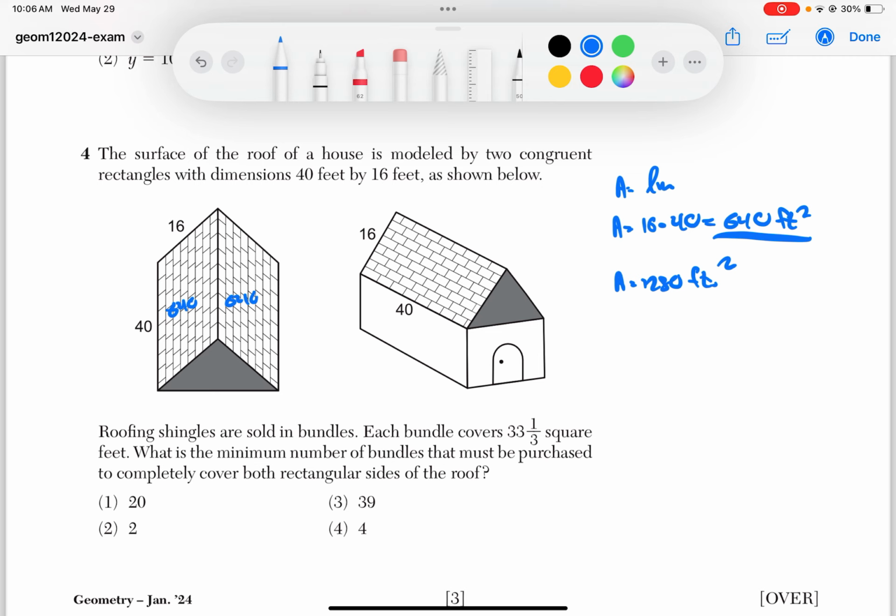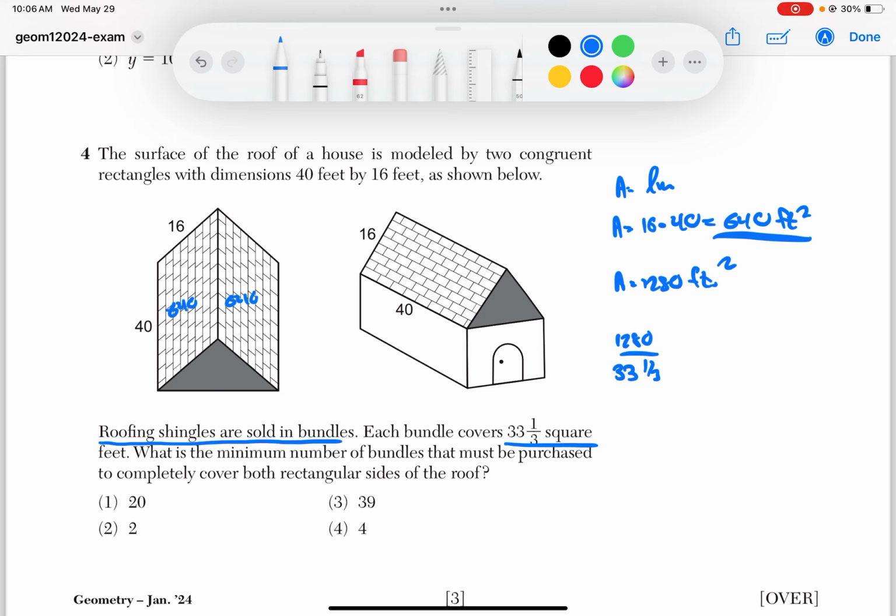Then it tells us that each bundle of roofing shingles covers 33 1/3 square feet. So for every bundle I buy, I can cover 33 1/3, and I have to cover 1,280. So how many do I need? Well, I'll take 1,280 divided by 33 1/3.